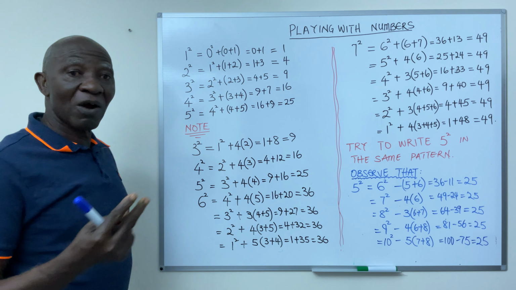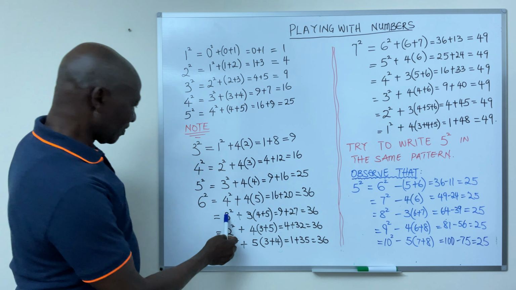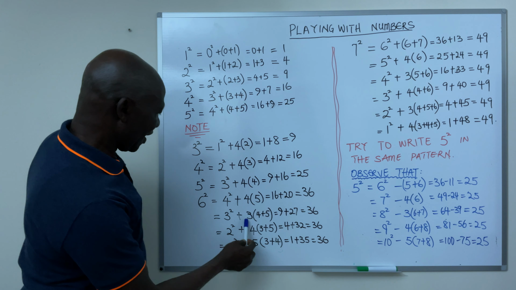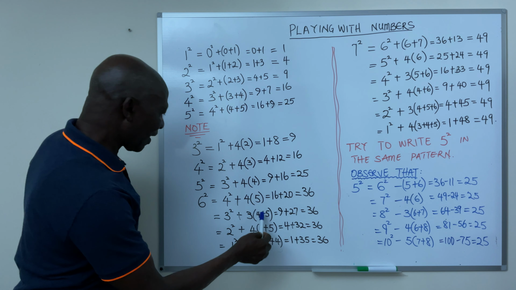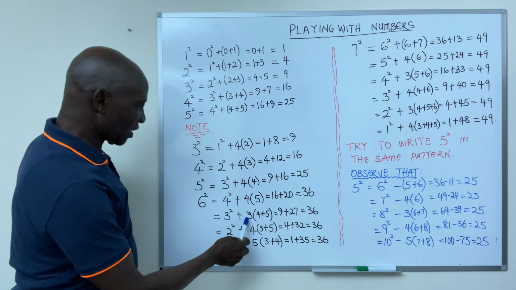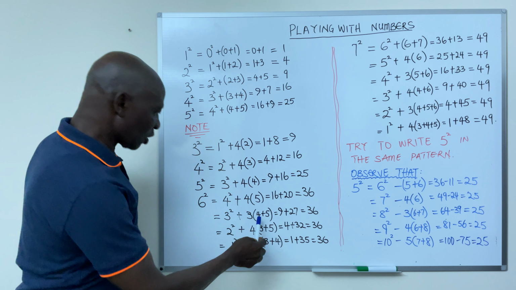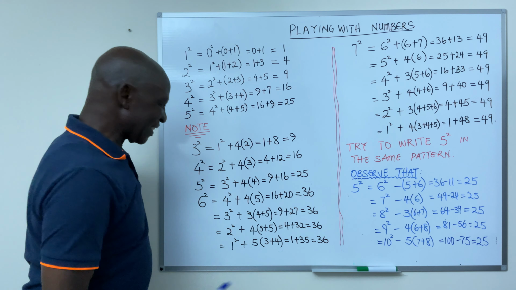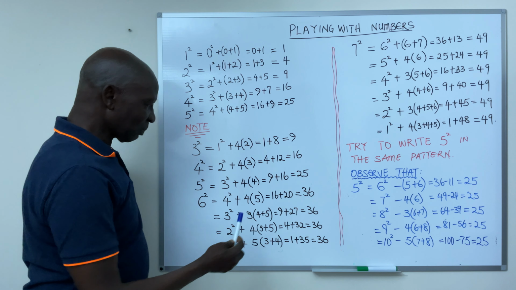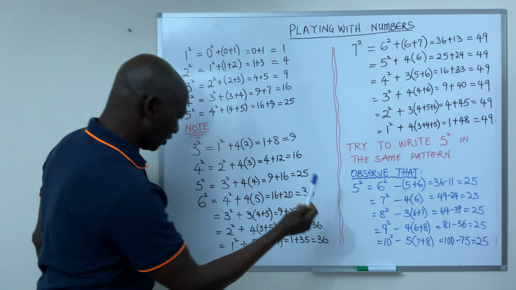These are 4 and 5. So we now have 3 squared plus 3 times the sum of 4 and 5. The sum of 4 and 5 is 9, times 3 gives 27. So we then have 9 plus 27, which is equal to 36.